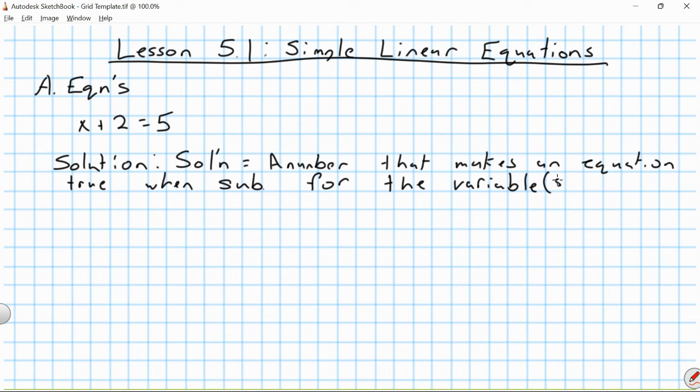Variables, actually. You can have multivariable equations where you can plug in different numbers for the x and the y and the z to make it a true statement. So that's what a solution is, and that is what our goal is.